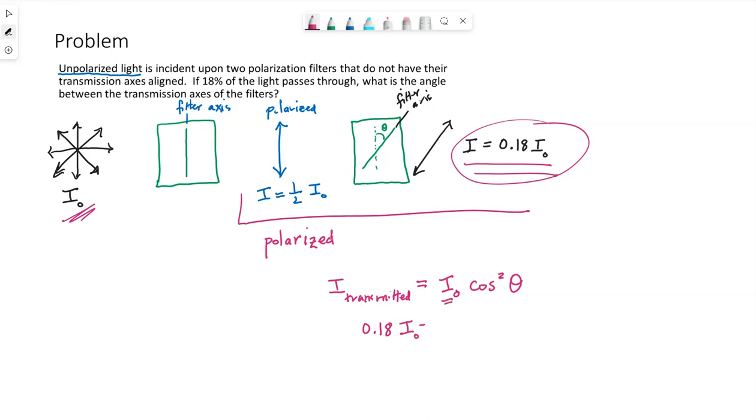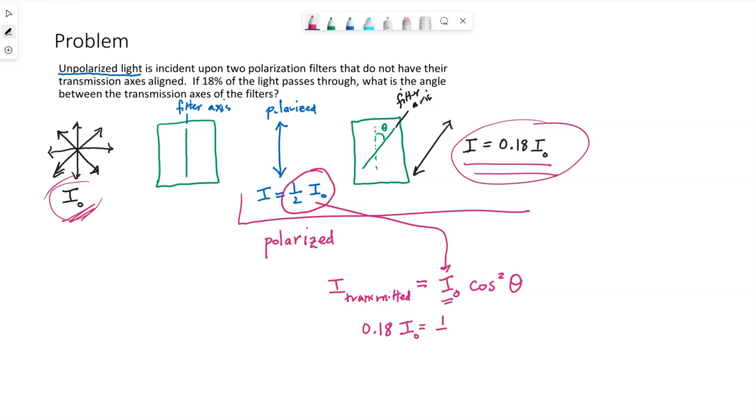This I naught, though, is not the original I naught. This is the intensity of the polarized light. It's whatever the intensity of the polarized light is that's shining on filter 2.